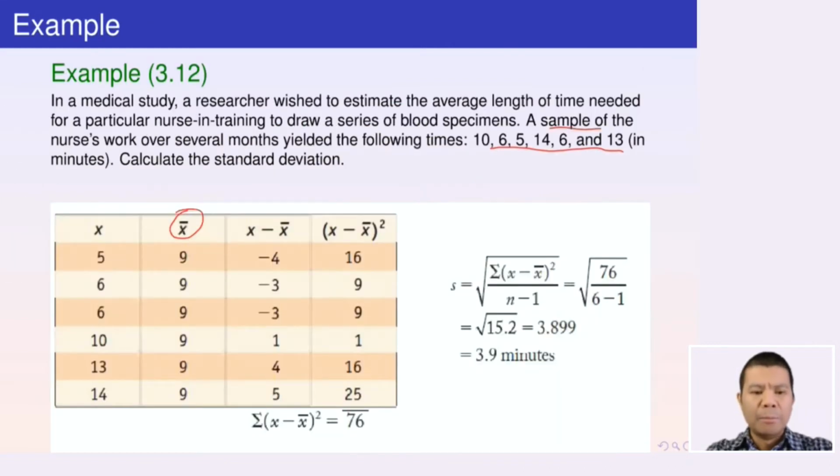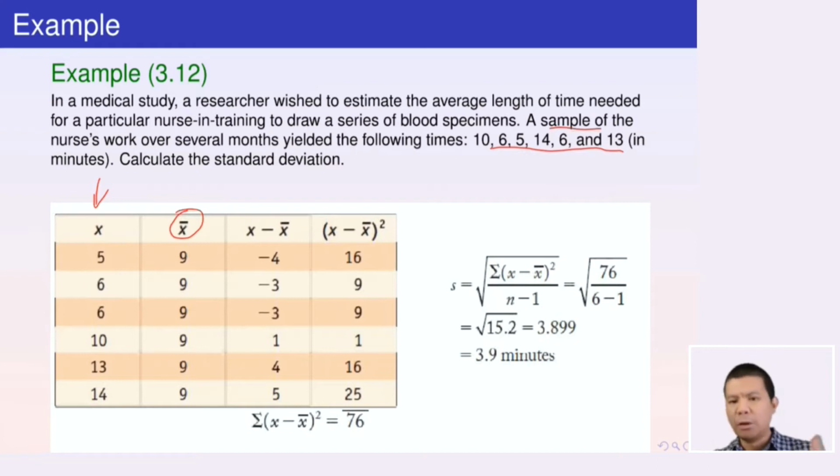To organize our calculation, we want to use this table. In the first column, we're going to put all the x values. As you can see, I put them in increasing order, but it doesn't have to be.